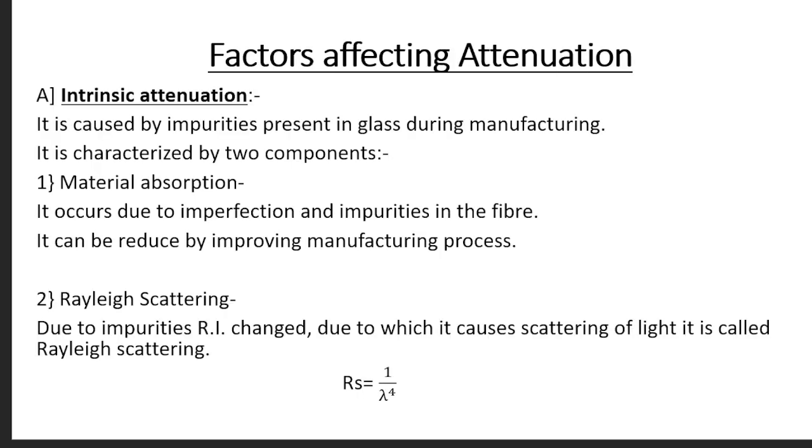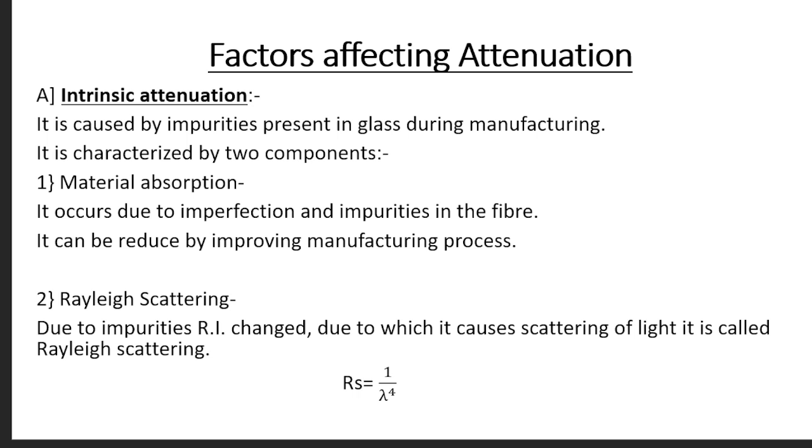Now attenuation can be of two types: intrinsic attenuation and extrinsic attenuation. The intrinsic attenuation is due to the impurities present in the material. That means the impurities present in the glass during manufacture cause the intrinsic attenuation. There are two components in intrinsic attenuation.